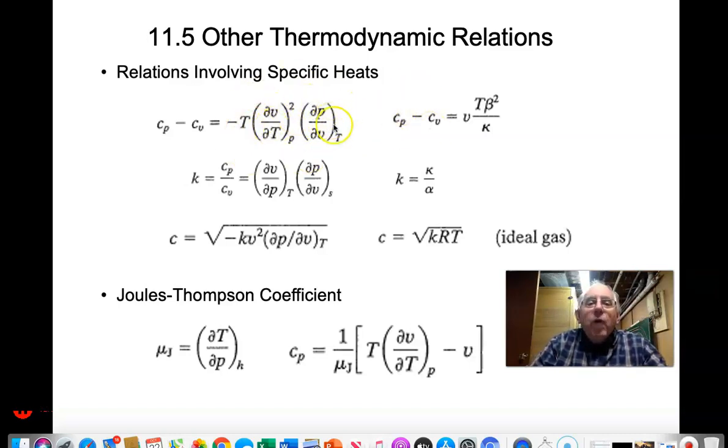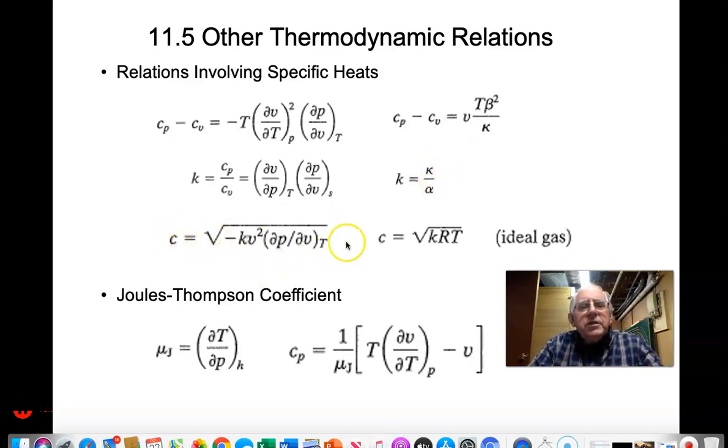We can write this same equation in terms of the kappa and the beta that were just previously defined, and so you could go back and check that out. We know that the ratio of specific heats, or K, is C sub P over C sub V, and again, those can be related to changes in the various thermodynamic properties, and that K can be shown from the previous parameters to be related to kappa over alpha.